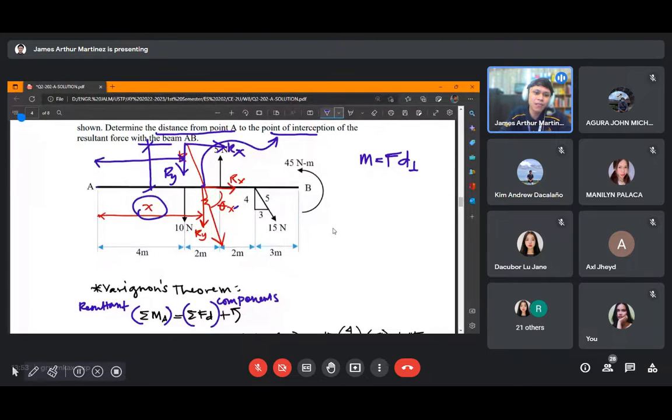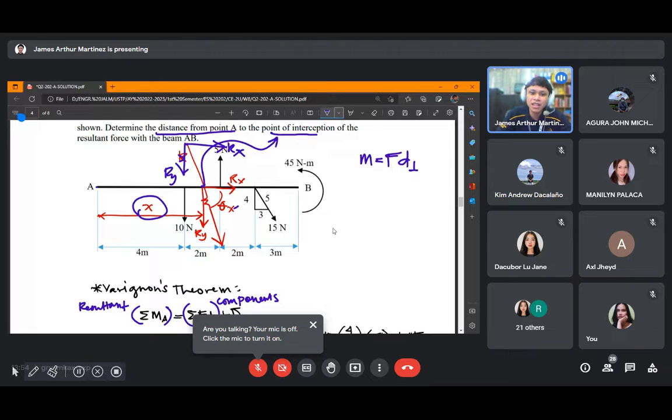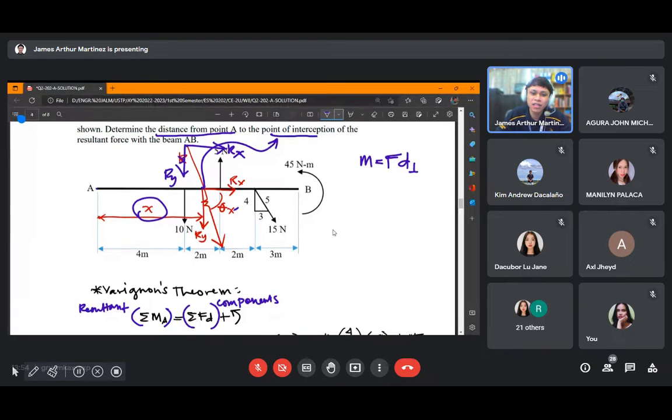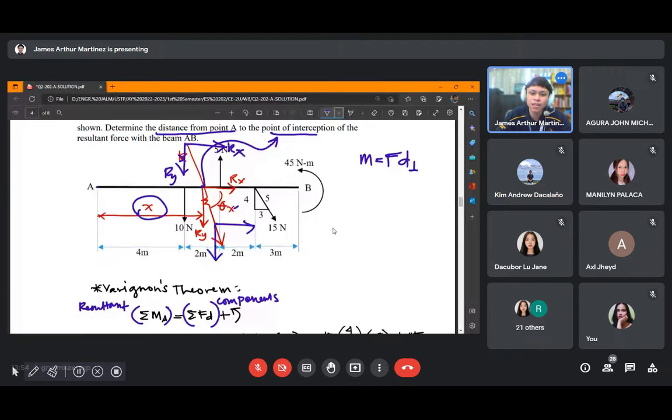Now, the principle of transmissibility comes in. If you recall from our previous discussion, the principle of transmissibility states that along the line of action of your force, the magnitude of your force is equal. Meaning, if we resolve this resultant force at this point along its line of action, it is equal to resolving it at another point along it, and so on.